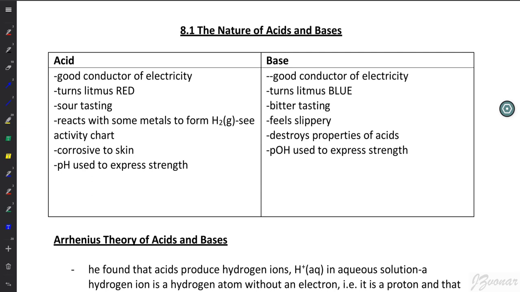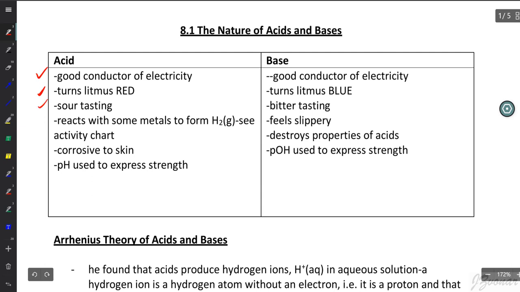We know that acids are good conductors of electricity. They are clear colorless solutions, and so indicators assist in determining if it is an acid or a base, such as litmus paper. Blue litmus paper will turn red in the presence of an acid, and red litmus paper will stay red.